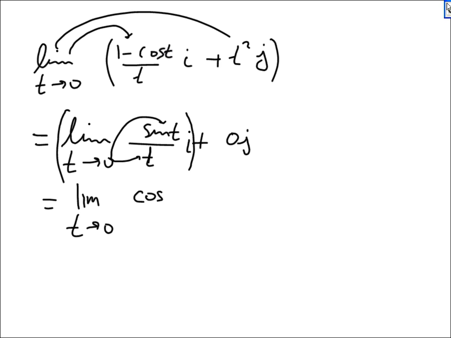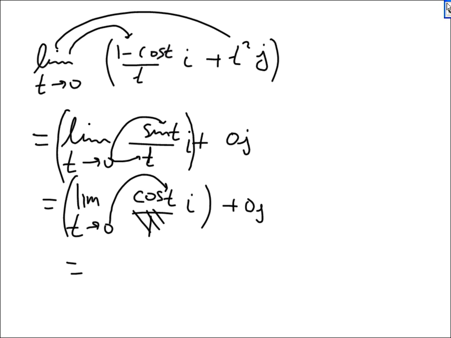Derivative of the top divided by the derivative of the bottom, which is 1. The rule for dividing by 1 is don't do it. Plus 0j. Substituting 0, cosine of 0 is 1. So you get 1i plus 0j. And there is finally your limit.